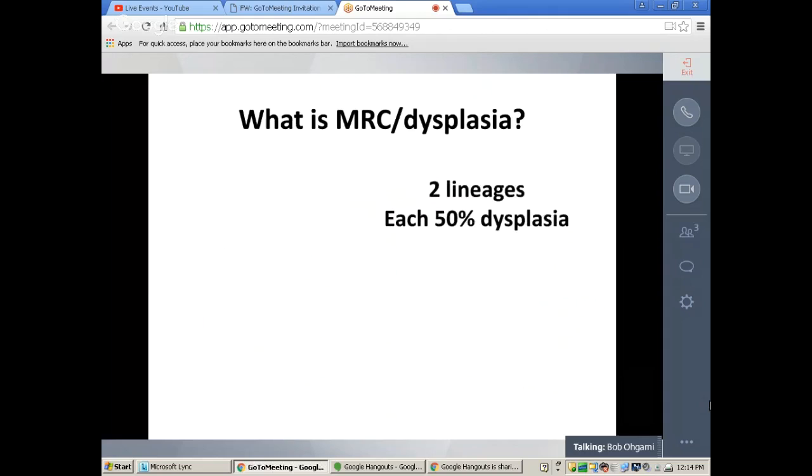In order to call something myelodysplasia-related changes in the subclassification of your acute myeloid leukemias, you need at least 2 lineages that have 50% dysplasia in each lineage. That would be in erythroid, myeloid, and megakaryocytic.